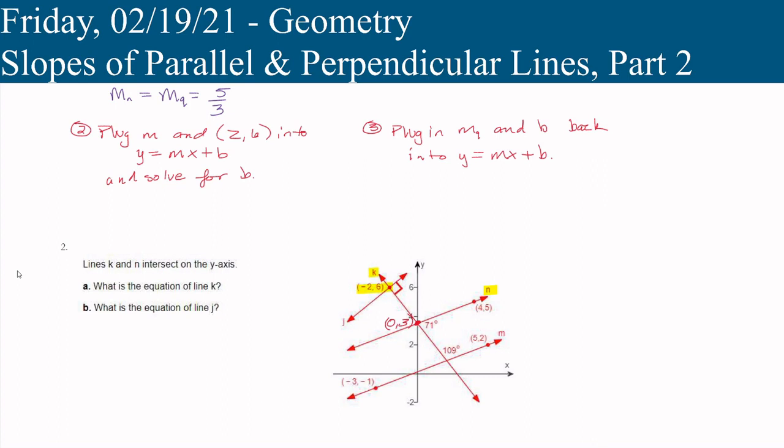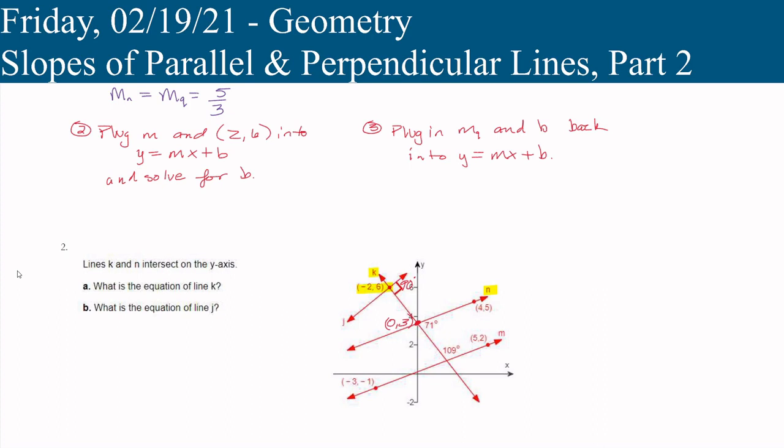So that's for K. What is the equation for line J? Where is J? Let's see here. J is right here, and it is perpendicular to K. It's a 90-degree angle right here. That's nice. So we're given a whole mess of extra information. You might or you might not use this information.